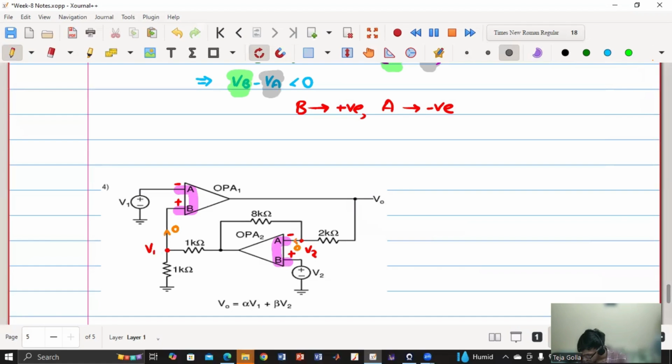Okay, so I'll show the direction of current using a different color. From this terminal, current is flowing in this path, right? The current should remain the same in this path, because there is no other path for the current to flow.